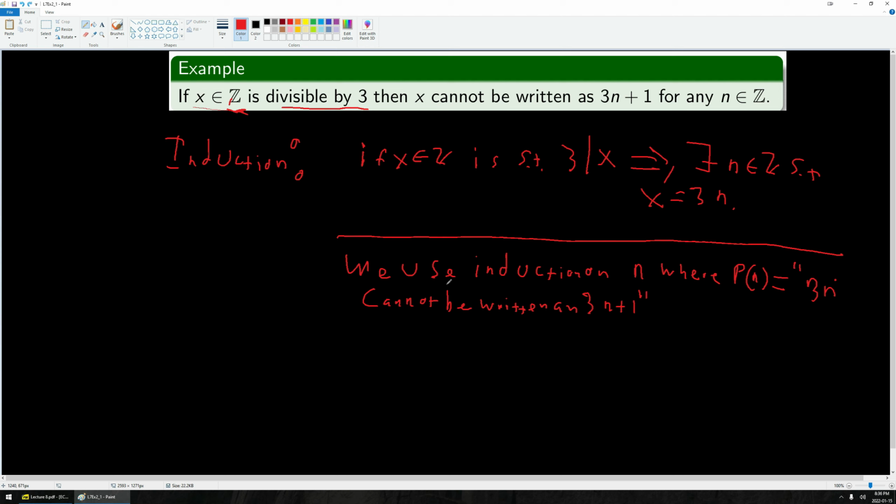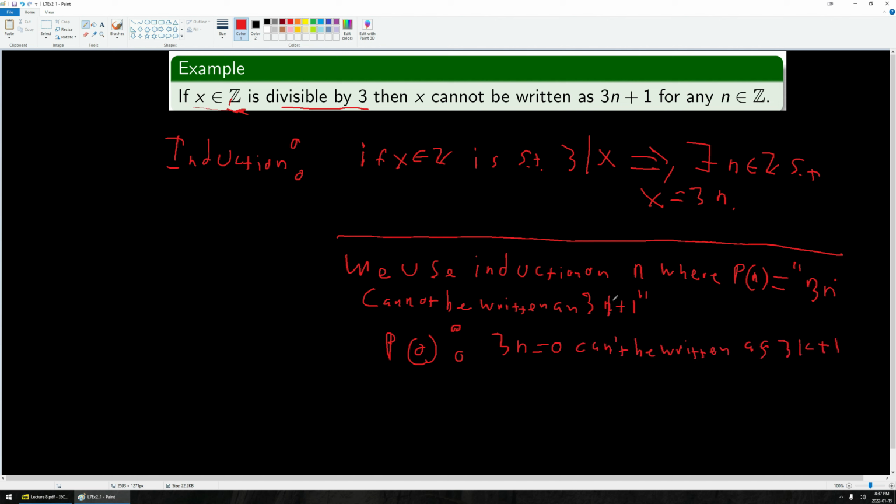Anyways, so yeah. From here, what I'd have to do is check P of 0. Yeah, if this is 0, then 0 is a number divisible by 3, and 0 can't be written in this form. It's kind of obvious, right? So here, just to be a bit formal, I would say if n is equal to 0, then 3n is equal to 0, and this can't be written in this form.